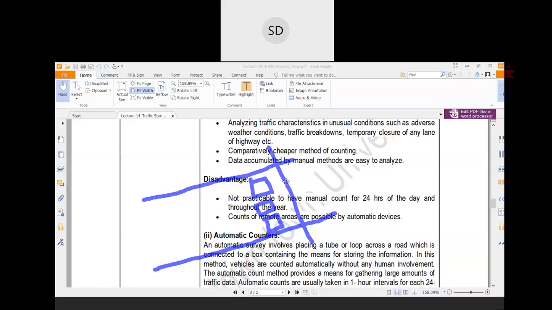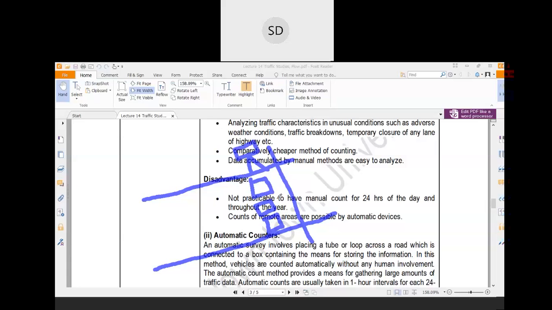Okay. Now, to counteract this, another method you can adopt is called the semi-automatic method. So, in that method, what happens? You will put one video camera over there, okay, and record the entire movement of the traffic during a particular 5 minutes, 10 minutes, or 15 minutes interval of time.